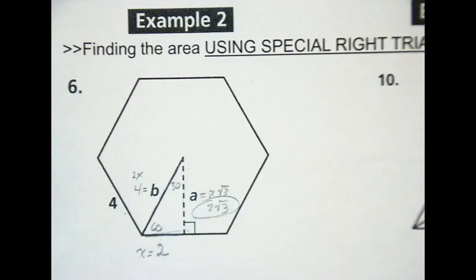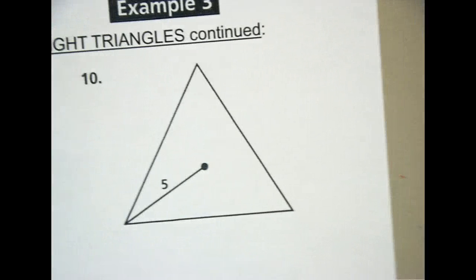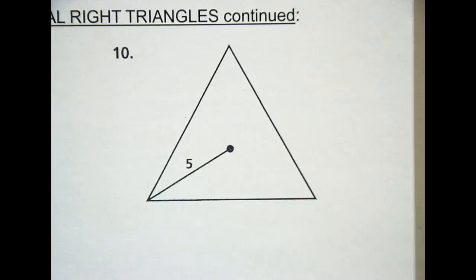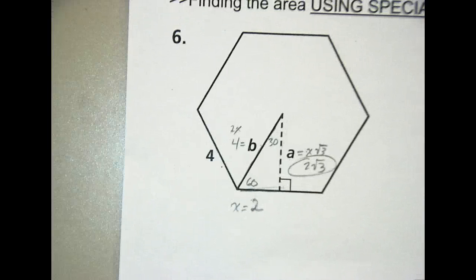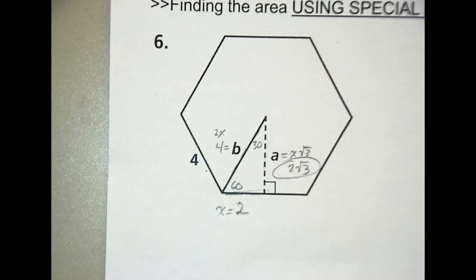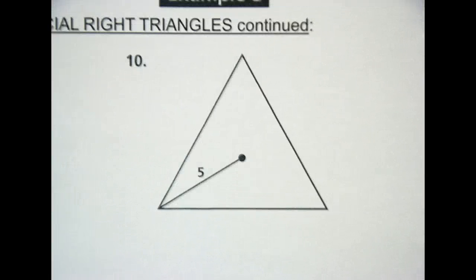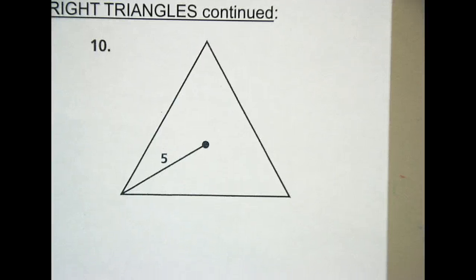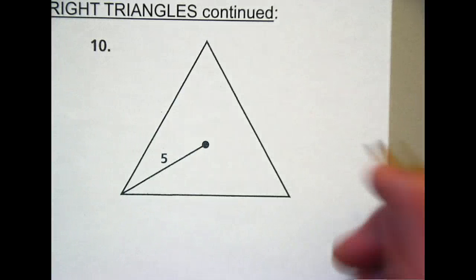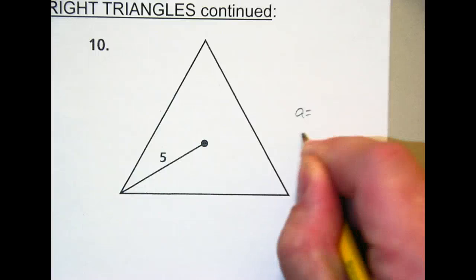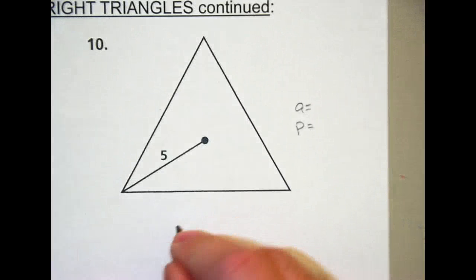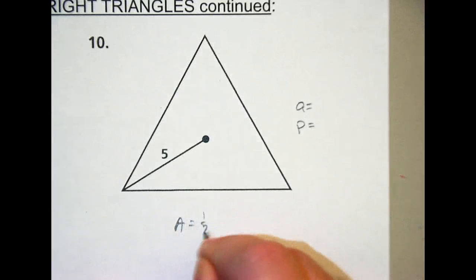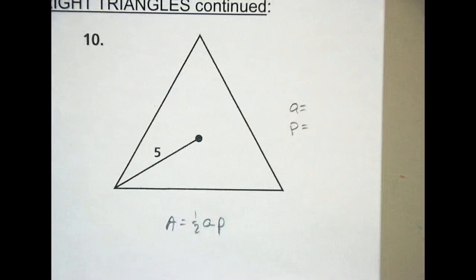Okay, last one, and then we're done talking for today. Number 10. Give it a shot. Oh, we're supposed to find the area on that, weren't we? Number 10, you have to start out by finding A and P so we can find the area. All right, go for it. A few of you have it. Let me give you a hint.